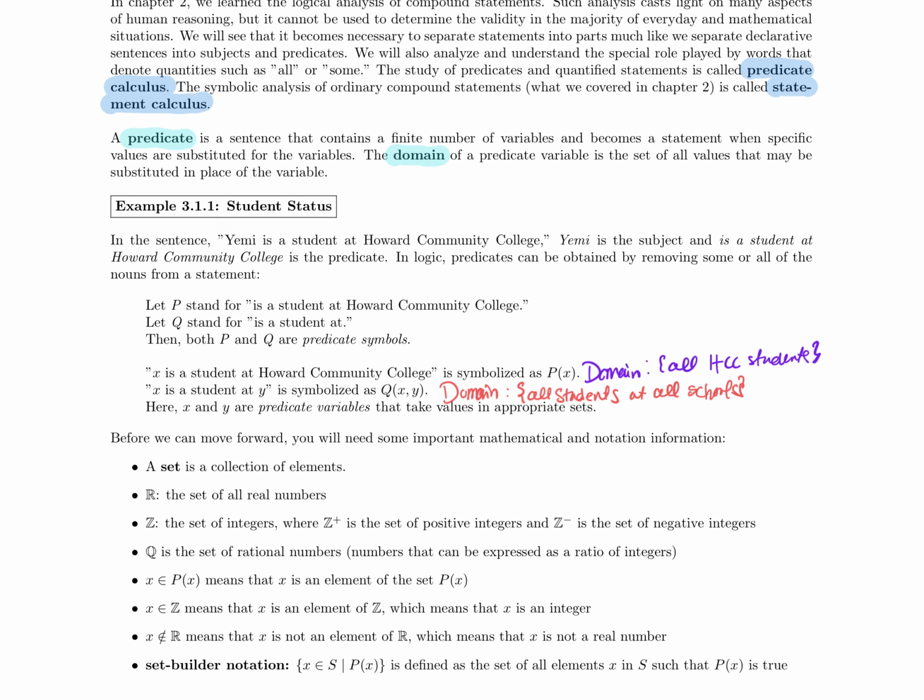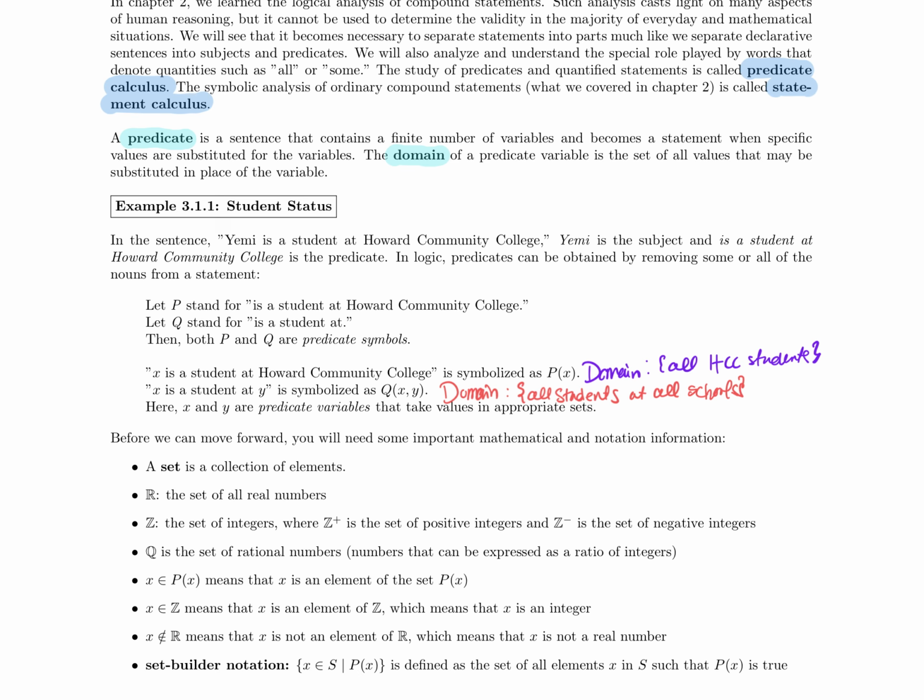It could be that Johnny is a student at Miss Debbie's daycare school. That is a true statement. It could be that Johnny is a student at Shaker Heights Elementary School. Also a true statement. It could be that Susie is a student at Harvard University. Also a true statement.